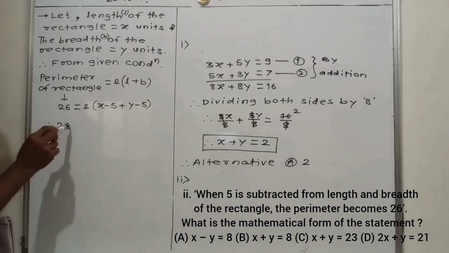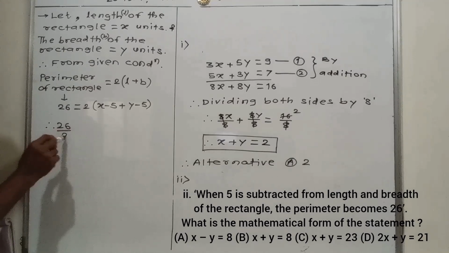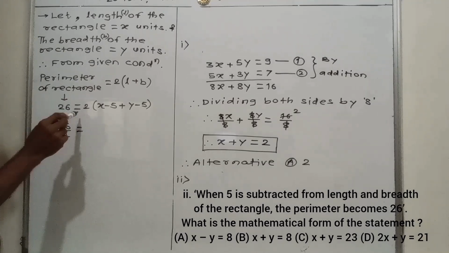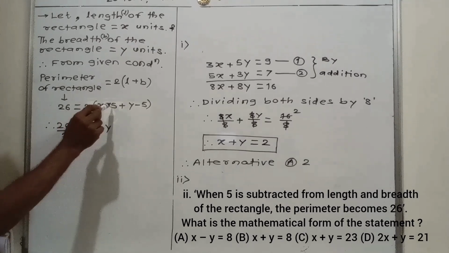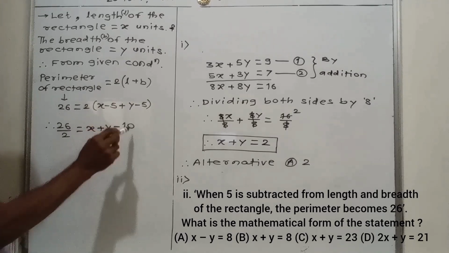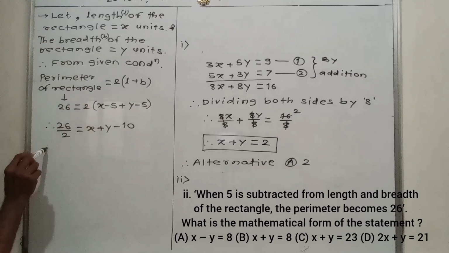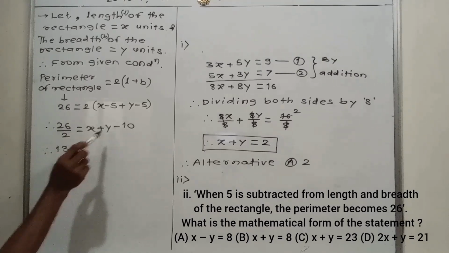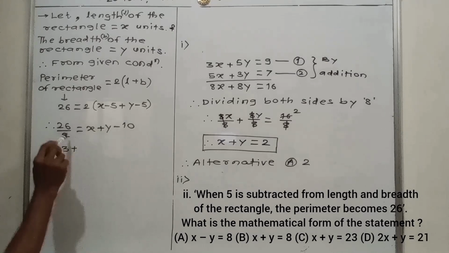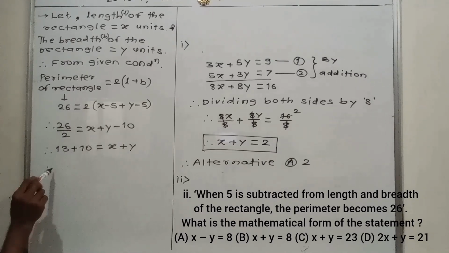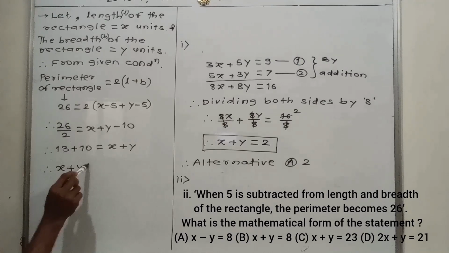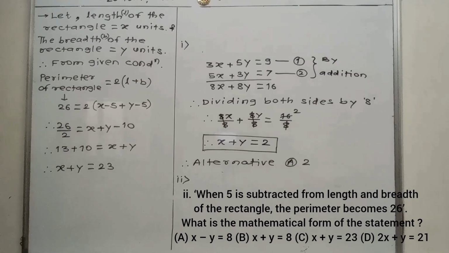Therefore, 26 upon 2, 2 is multiplied here, so we take to the left side. x plus y minus 5 minus 10. Therefore, 13, and we take this minus 10 to the left side because like terms, no, is equal to x plus y. Therefore, x plus y is equal to 23.